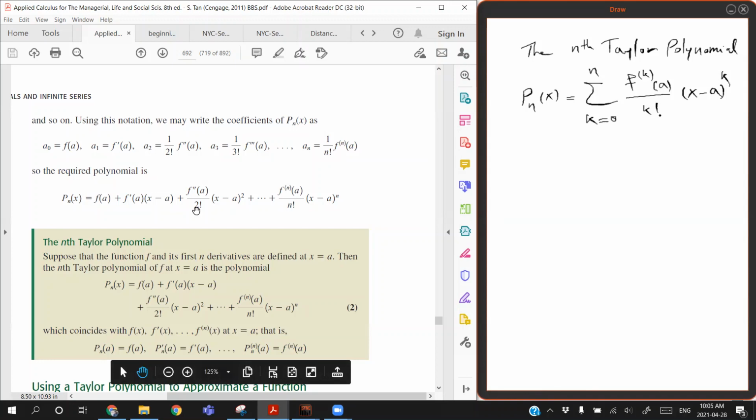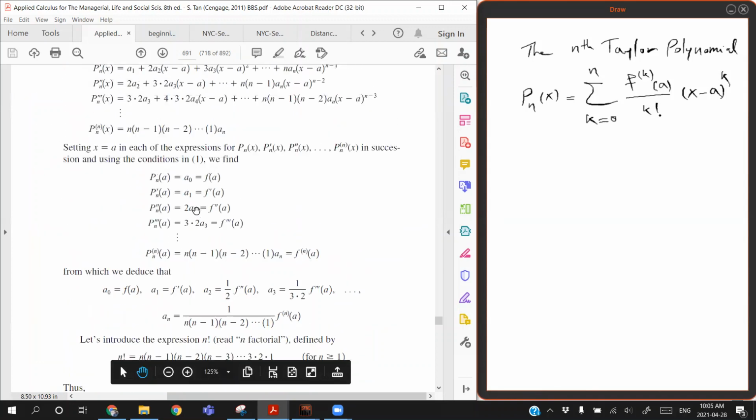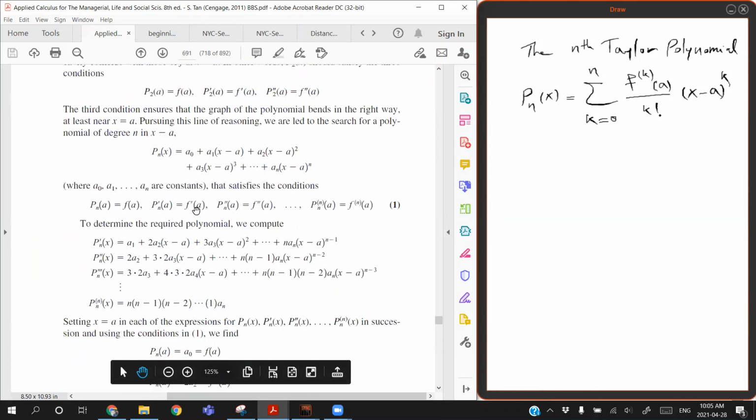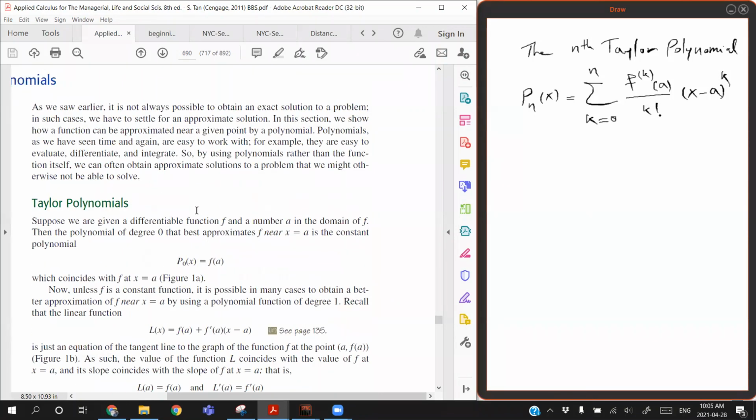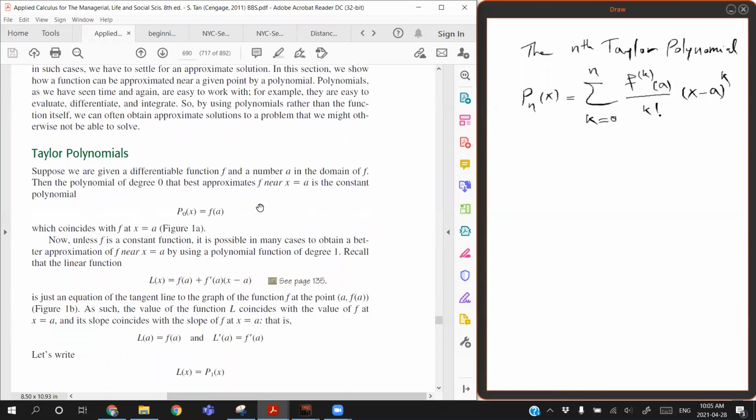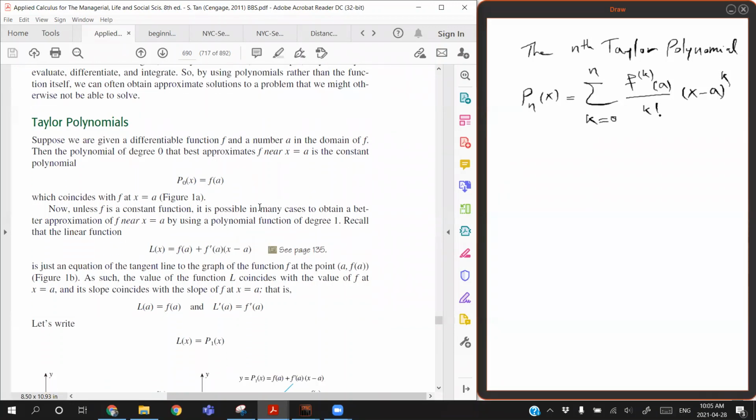So here you have a very clear explanation of how you can get this, and what the Taylor polynomials are. The idea behind the method is that you want to find a polynomial that will resemble the function you're dealing with.